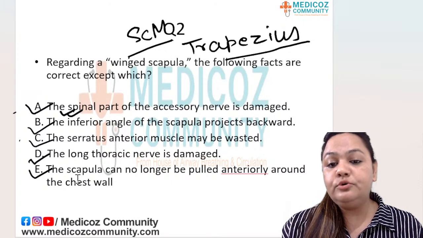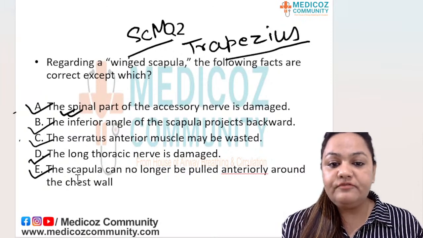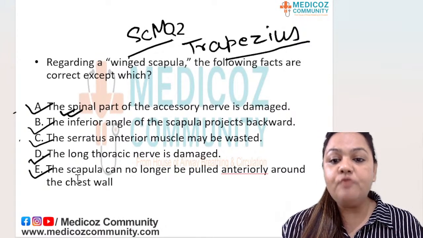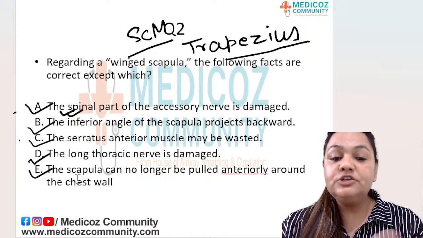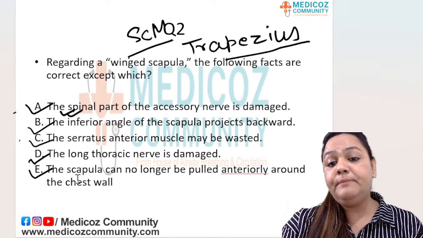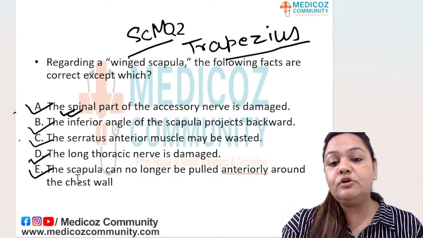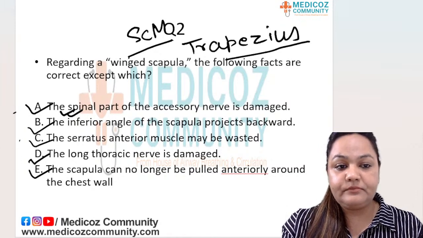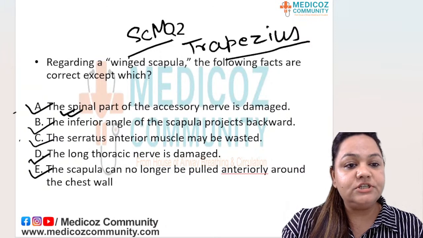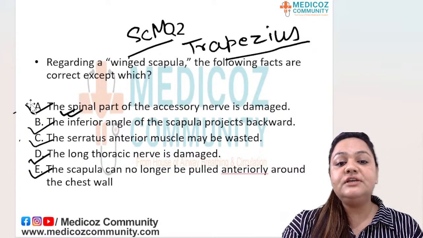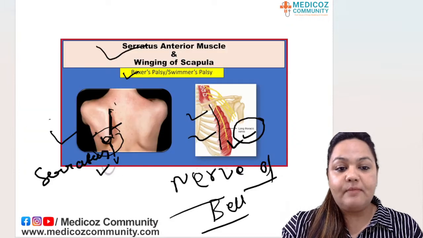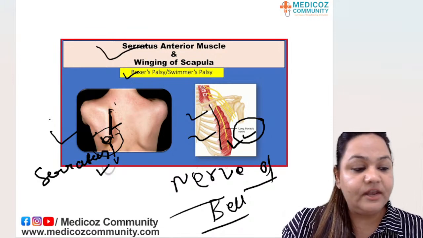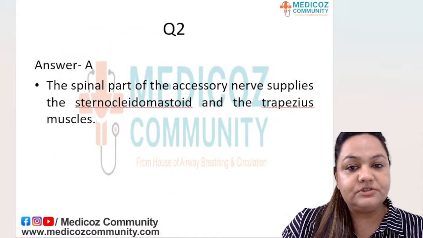Yes, you cannot do this movement here, because the action of the serratus anterior muscle is to pull your scapula around your chest wall and forward, so you will no longer be able to do this movement when there is paralysis of serratus anterior muscle. I hope you got my point here, and the correct option is option A in winging of scapula. Any questions? Yes, Suman Kumari, option A. Very good. This is the correct answer for this question.